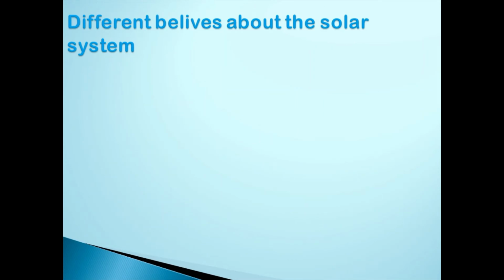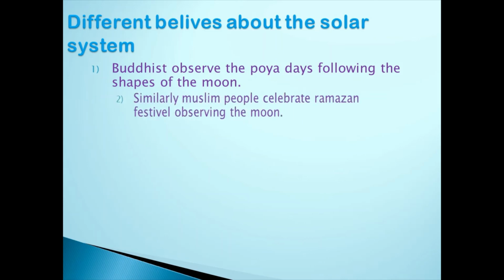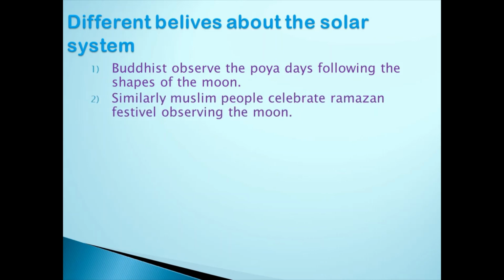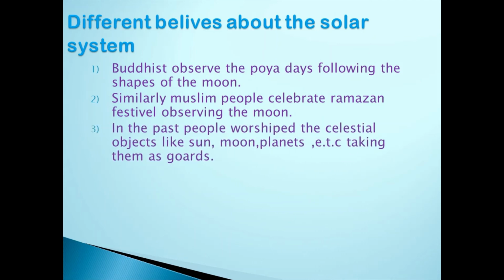Different beliefs about the solar system. Buddhists observe Poya days following the phases of the moon. Similarly, Muslim people celebrate the Ramazan festival observing the moon. In the past, people worshipped celestial objects like the sun, moon and planets, taking them as gods.